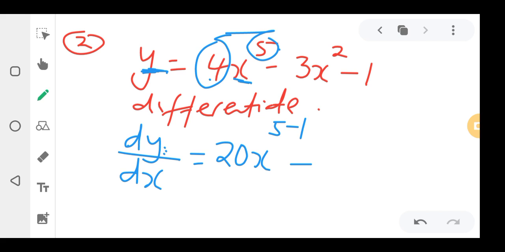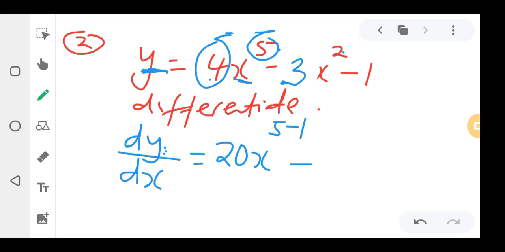And then what do you do? 3 times 2. Actually, that's not 3 times 2. It's actually negative 3 times 2. Let me put here. What number was there? There was actually 3 there, so it is negative 3.